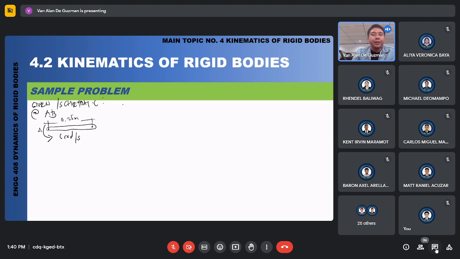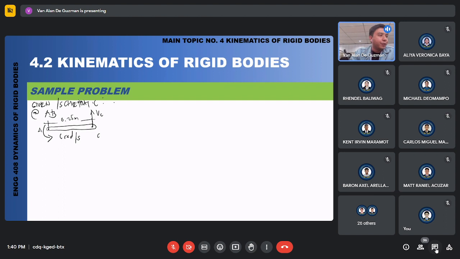Ngayon, if this is our angular velocity, this is our fixed point, ito yung ating axis of rotation, this will mean na at point C, nandito yung ating linear velocity. So, BC. Okay? Okay tayo doon sa bar AB? Okay lang po, sir. Okay, good.